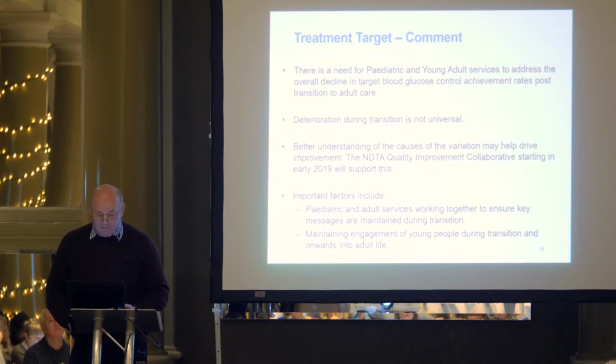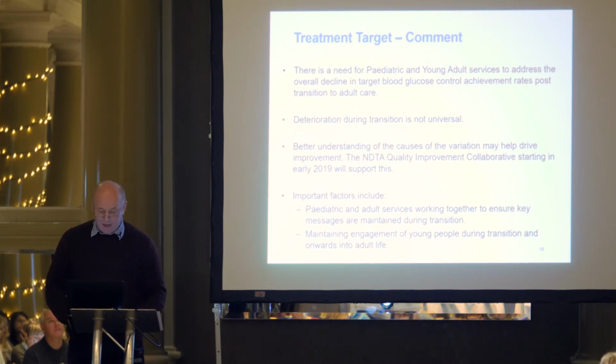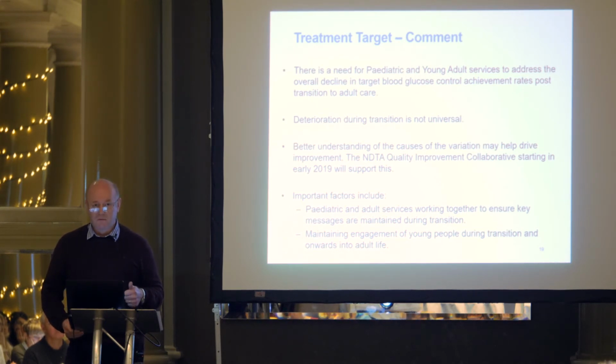So what can we take away from that? I think there's a need for paediatric and young adult services to address the overall decline in the target blood glucose control post-transition. Remembering that deterioration during transition is not universal. So your young adult clinic may be doing better than you, and you might learn from them.